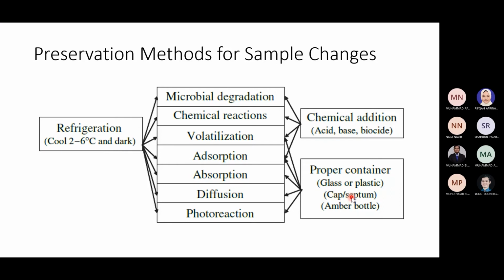Hence, the first part of this strategy, or the way we preserve a water sample, is always to cool it down. No matter what analyte you want to analyze, you always refrigerate it. Cool it down to between 2 to 4 degrees. I won't say 6; 6 is still not low enough.